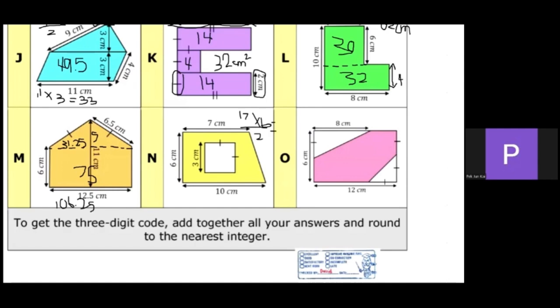You would get 51, which is the area of the whole trapezium. The empty space of a square in the middle of the trapezium is 3 times 3, which is 9, the area. Hence, 51 minus 9, we will get 42 cm squared.